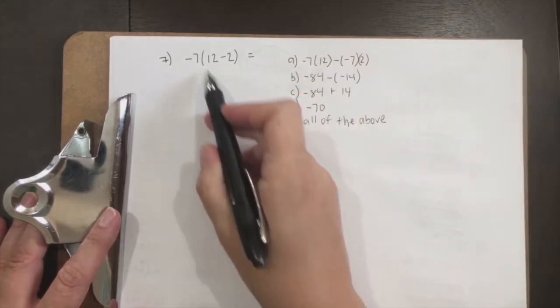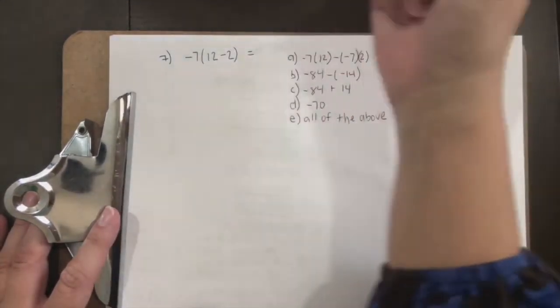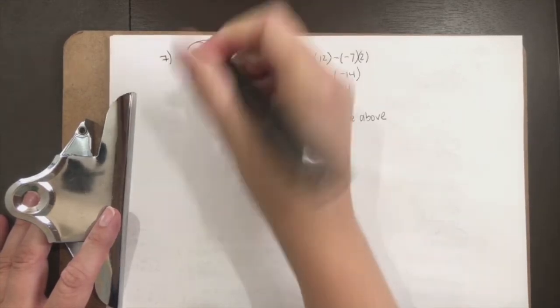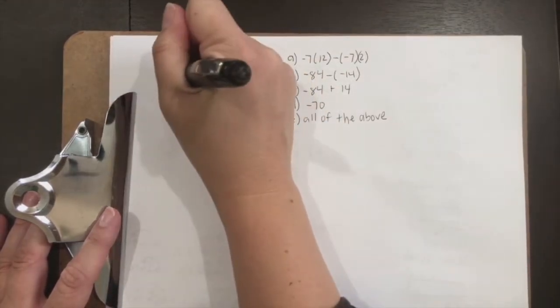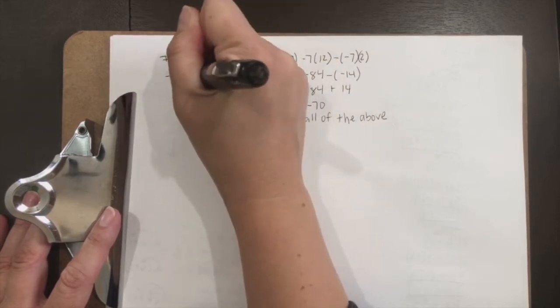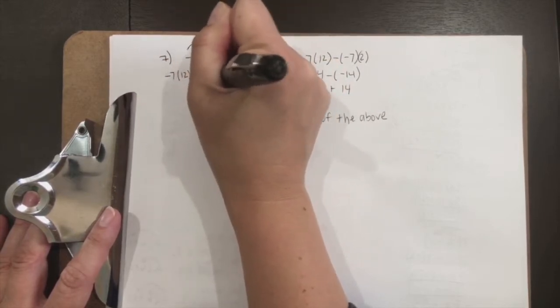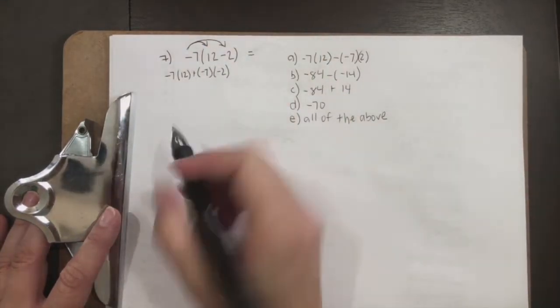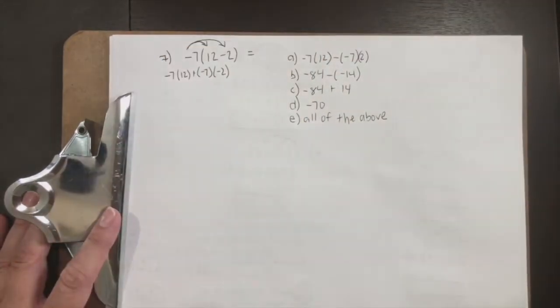So now let's solve this over here and we'll see what this looks like. So -7 times 12 plus -7 times -2. Okay, -7 times 12.